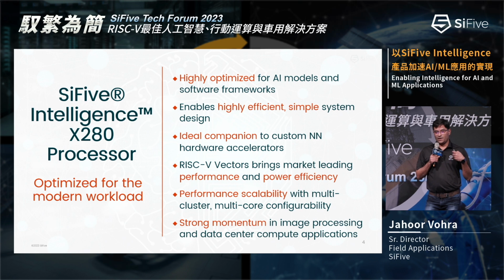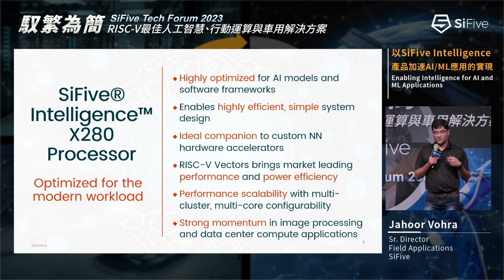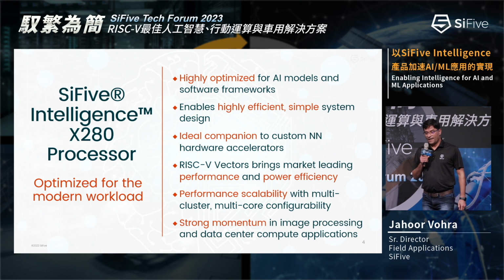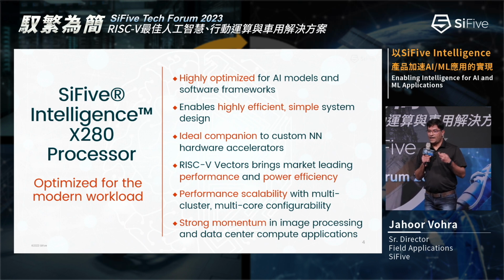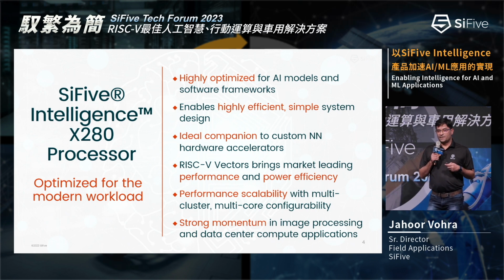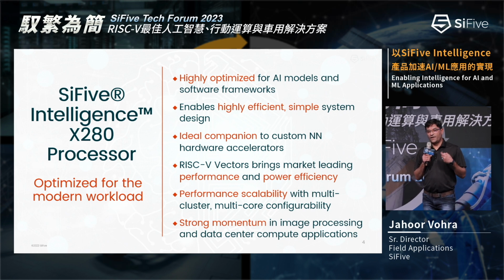The X280 core has been optimized for modern AI workloads. It's highly optimized in that not only does it provide the standard RISC-V vector extensions, but we have added SiFive custom extensions for AI. So these allow customers to support the various data types.